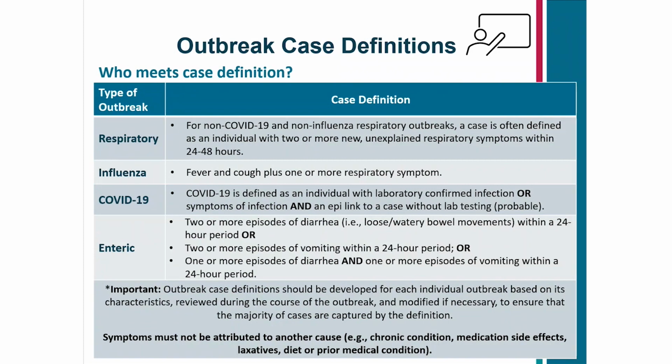Okay, the next slide is just how to determine if someone who has symptoms should be counted as a case. So these are what we refer to as the outbreak case definitions. So this is different than the outbreak definition, and these are generally developed based on what we're seeing within the home, particularly for respiratory outbreaks.